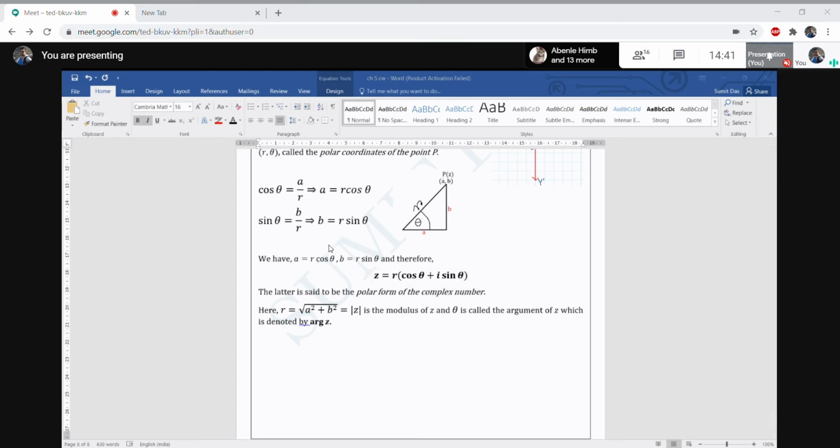That is the polar representation. There is another one, Euler form. We can write like this. Next, principal argument of a complex number. For this, I want to show you some figure.